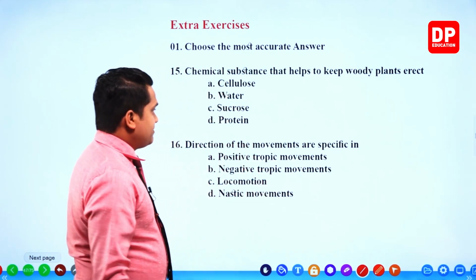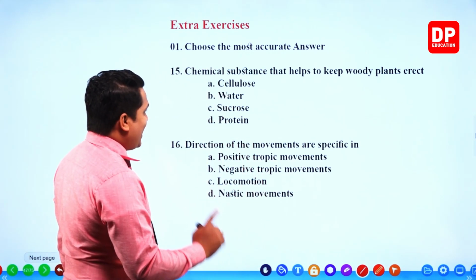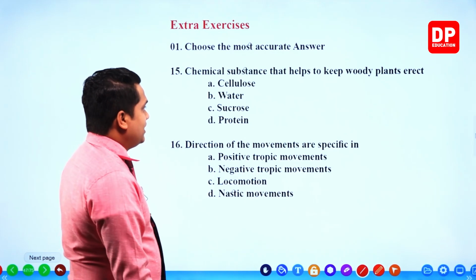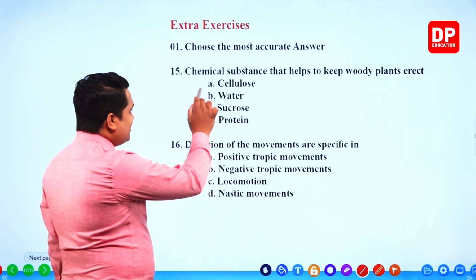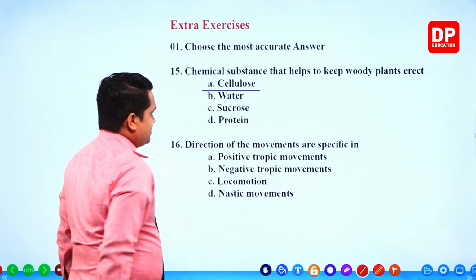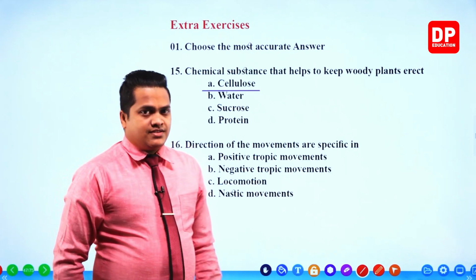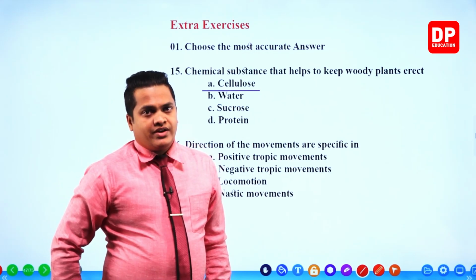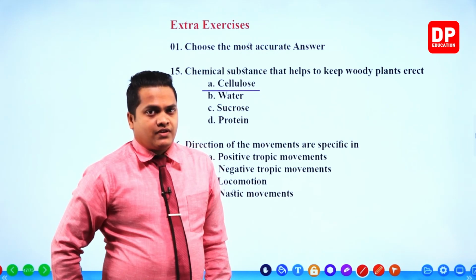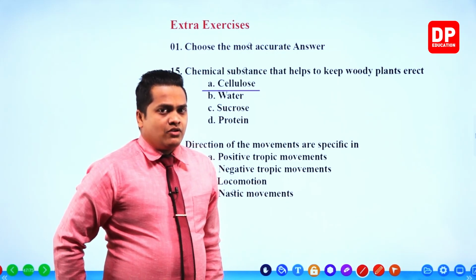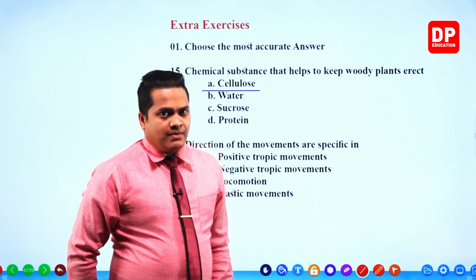Those two chemical substances are cellulose and the other one is lignin. So, cellulose is given here. So, our answer would be cellulose. Cellulose fibers, I think you can remember we discussed about the cellulose fibers when we were discussing about the rigidity of woody plants, right?